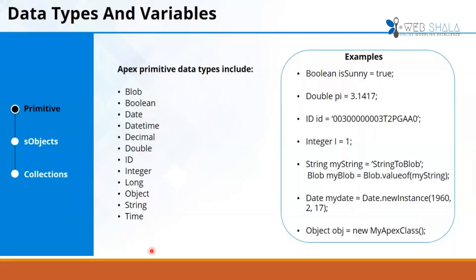These are all called primitive data types. For example, for boolean, we say boolean isSunny equal to true. We are talking about the weather. A boolean only stores true or false. Only two things it takes as input.